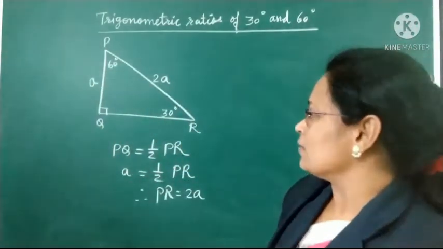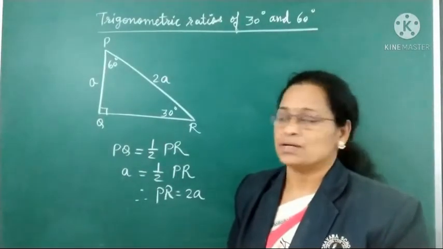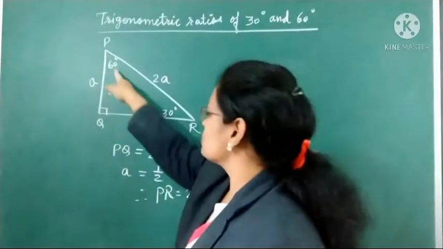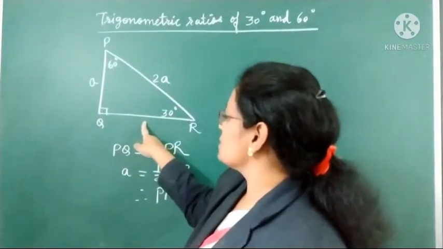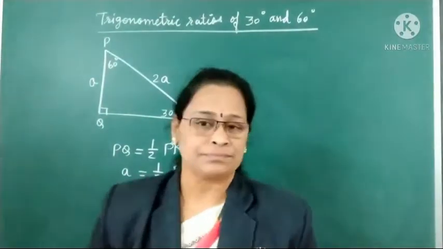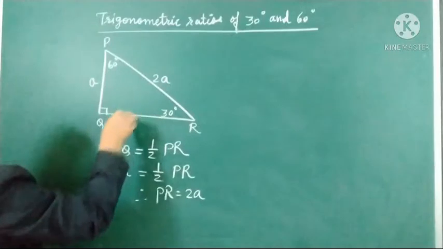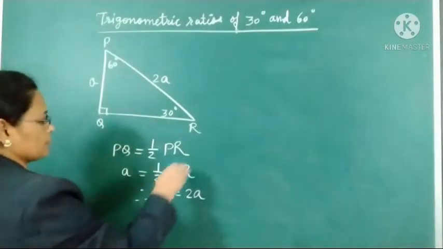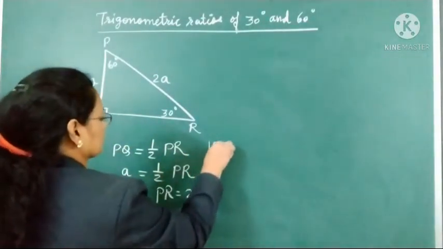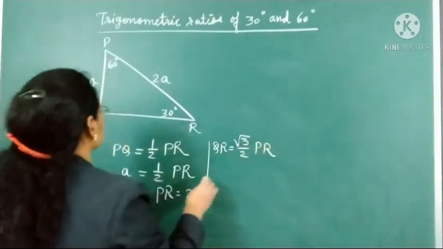Similarly, the side opposite to 60 degree is QR, which is root 3 by 2 of hypotenuse. So we can write side QR is root 3 by 2 of PR.